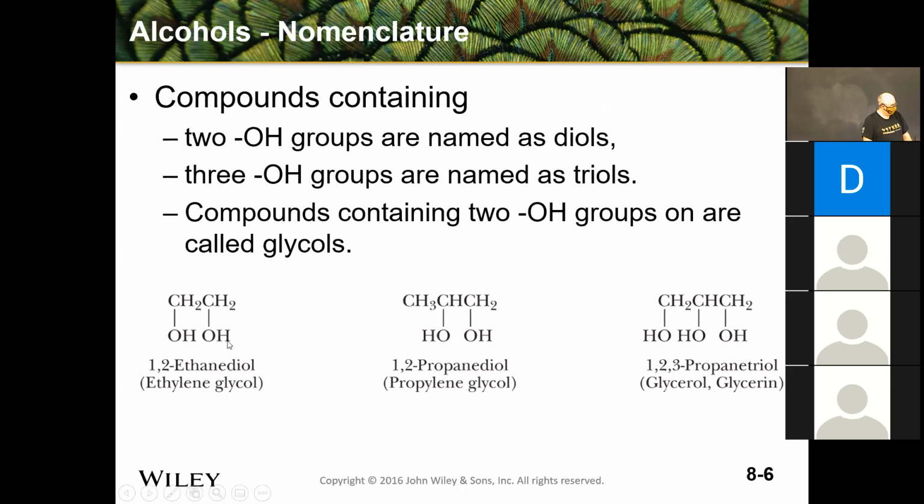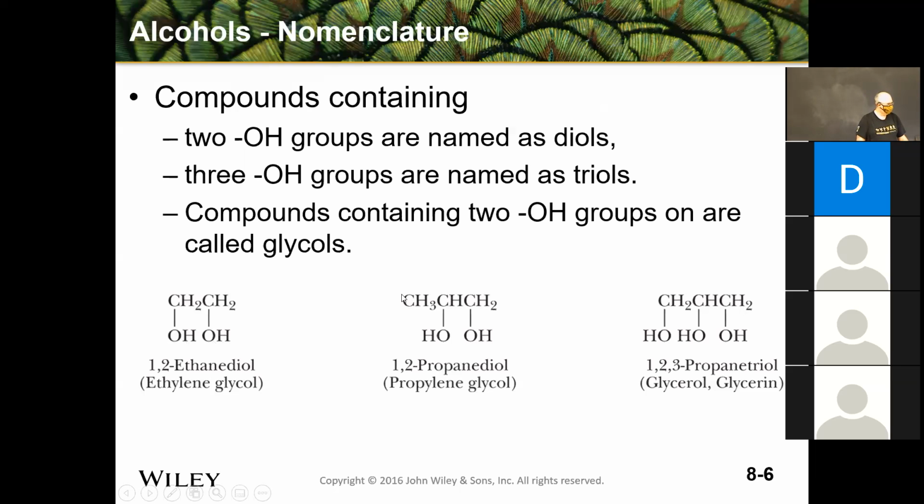Okay, the reason that ethylene glycol and propylene glycol are good substances for use in antifreeze is they have three desirable properties. One is, of course, they have a high boiling point because you have two spots where hydrogen bonding can occur.